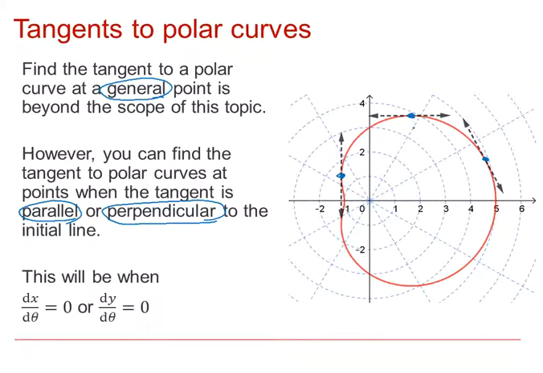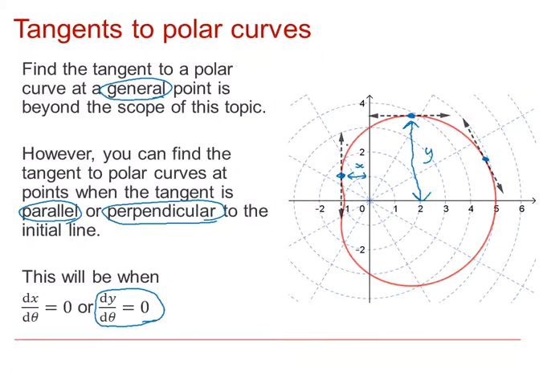If we look at the tangent parallel to the initial line first, and look at its y coordinate, y has reached its maximum value. So as theta sweeps around this curve, y has reached its biggest value as theta changes. In other words, the rate at which y is changing at that point must be 0. If we look at this point here, x has reached its minimum value.